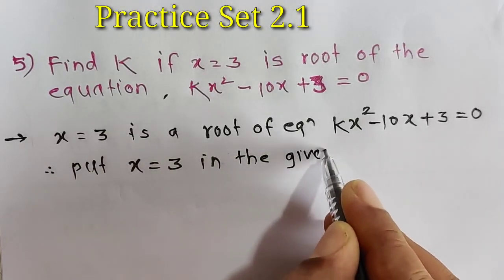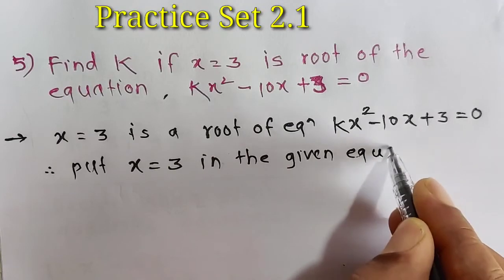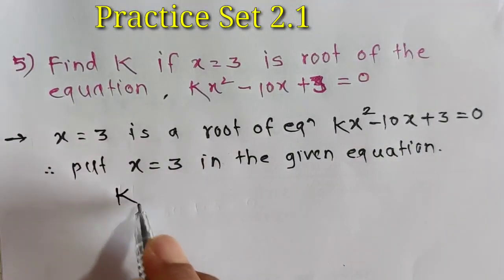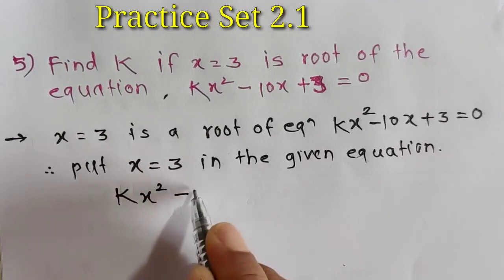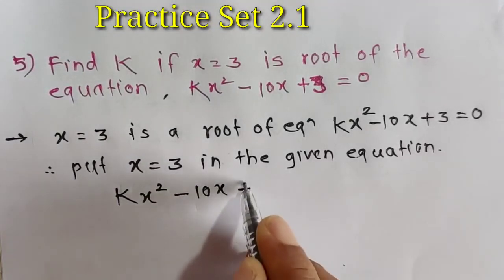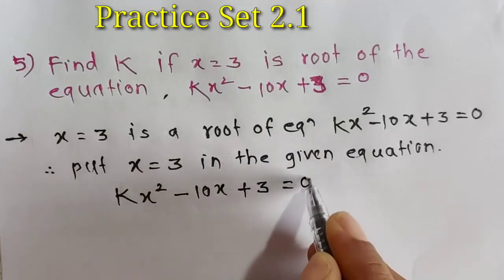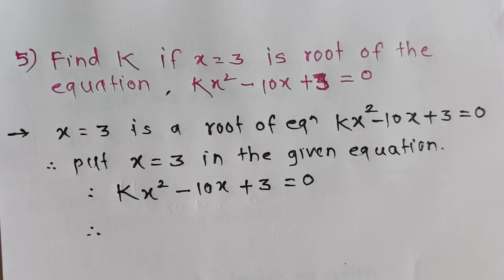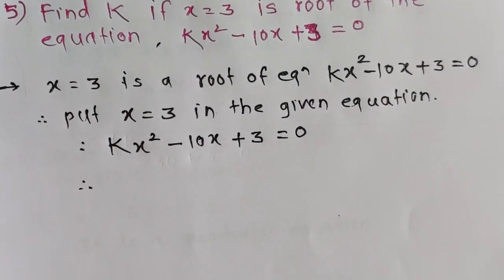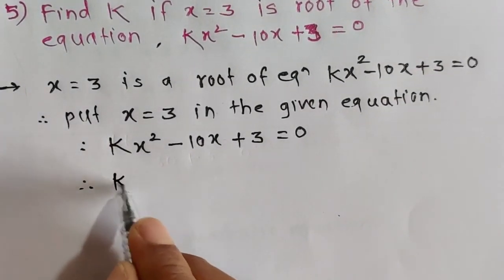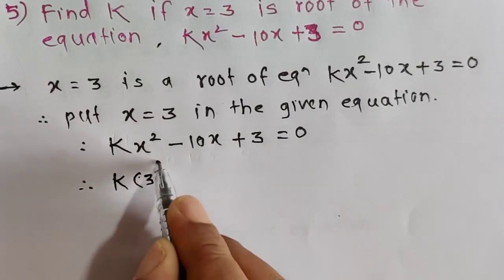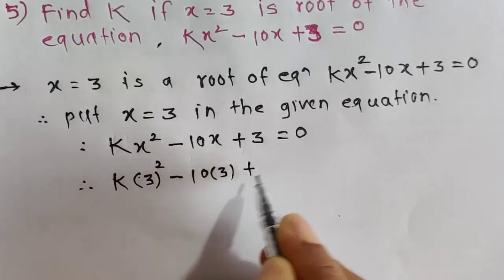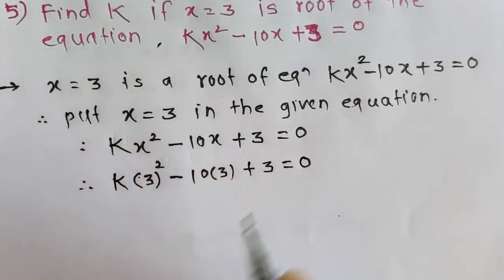So here write both the sides. Substitute this value in the given equation. So write the given equation kx square minus 10x plus 3 is equal to 0. Now substitute x is equal to 3. So x is equal to 3, this k as it is, this becomes 3 square minus 10 into bracket 3 plus 3 is equal to 0.